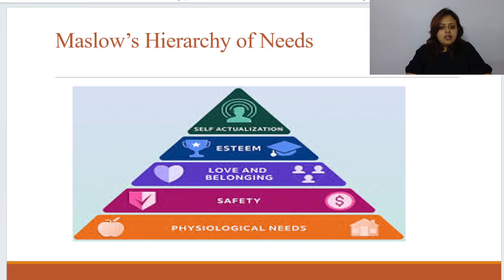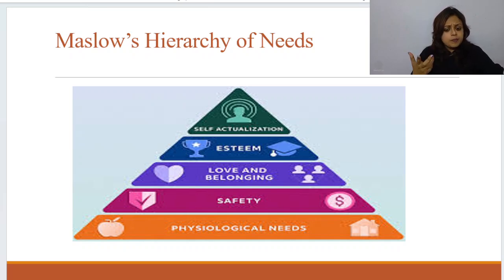This particular theory, as you can see here, which is known as Maslow's hierarchy of needs or Maslow's need hierarchy theory, has been given by an American psychologist known as Abraham Maslow. This theory was given by Maslow in the year 1943 in a paper called A Theory of Motivation.